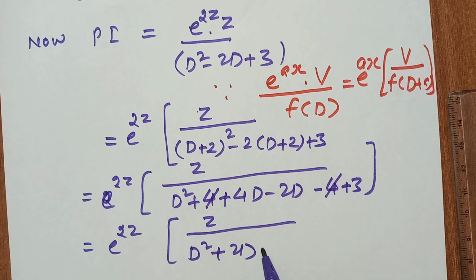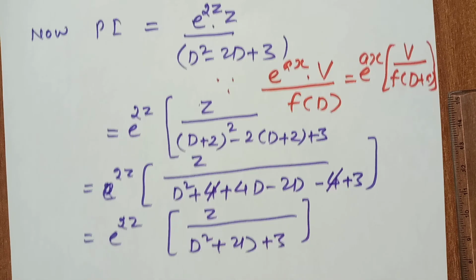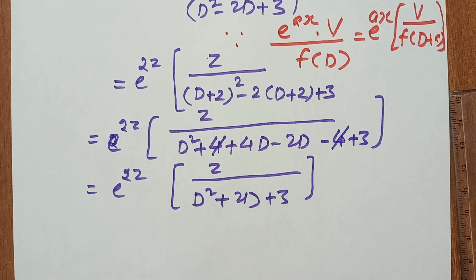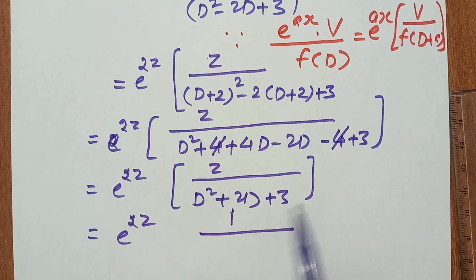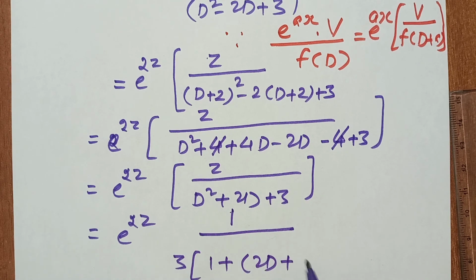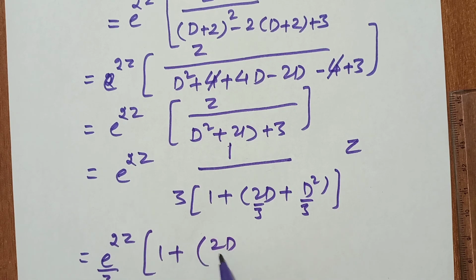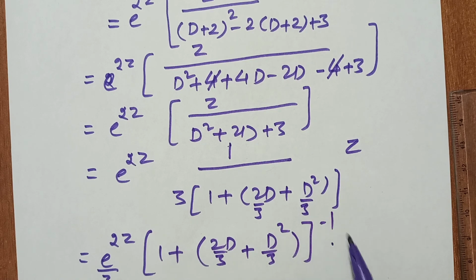So this equals e^(2z) z upon D²; here 4D − 2D is 2D, the 4s cancel, plus 3. As we know, when we calculate the particular integral, here in place of x is just z. Our aim is to form the standard form, so we take 3 common: 1 + 2D/3 + D²/3. Now e^(2z)/3 times [1 + 2D/3 + D²/3]⁻¹ z.